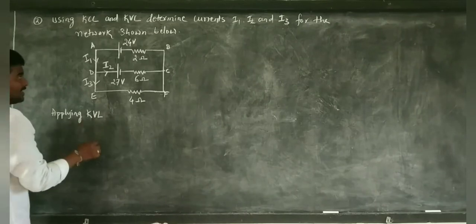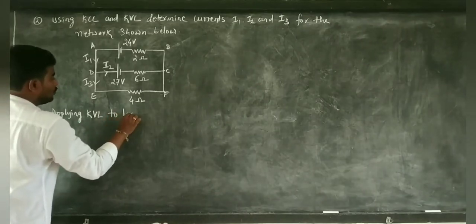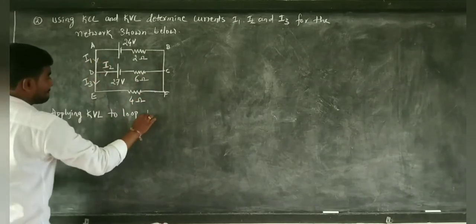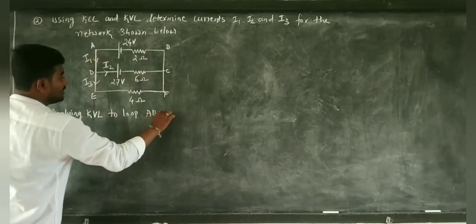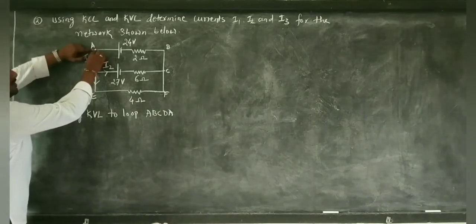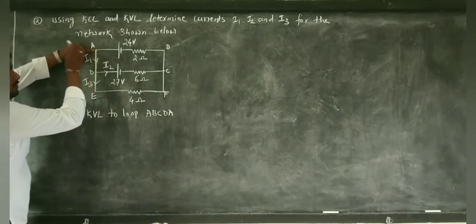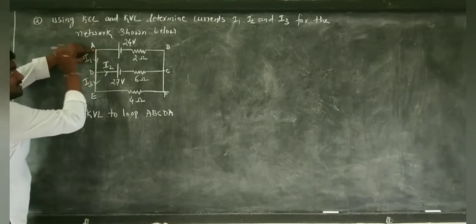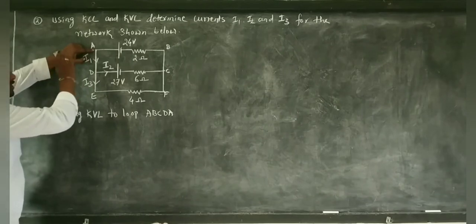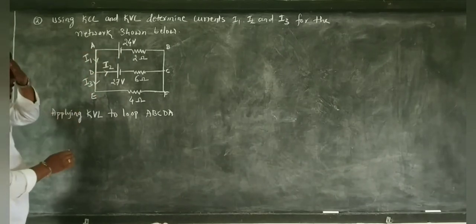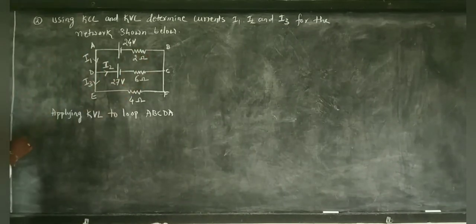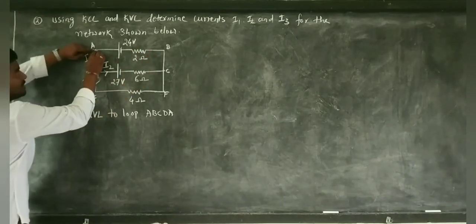Applying KVL to this loop A, B, C, D, A. We shall start from this point. I have already told you, from where you start, at that location only you are supposed to stop. Then and only then is it going to complete one loop. So we shall start from A and we shall get back to A only. So we shall begin.